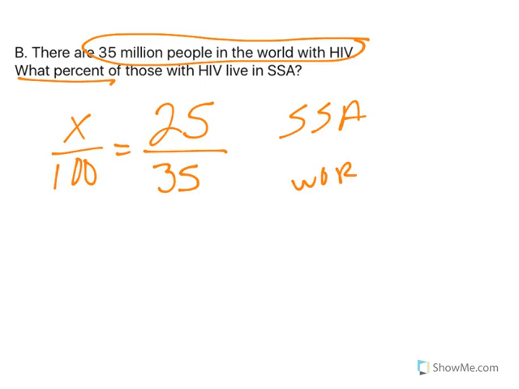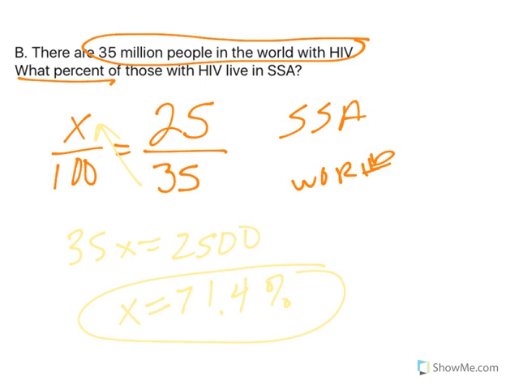The bottom is the world. So to solve that, we cross multiply. 35x equals 2,500, and x equals 71.4%. So roughly 71% of the people with HIV in the world live in sub-Saharan Africa. Isn't that crazy in one section of the world?